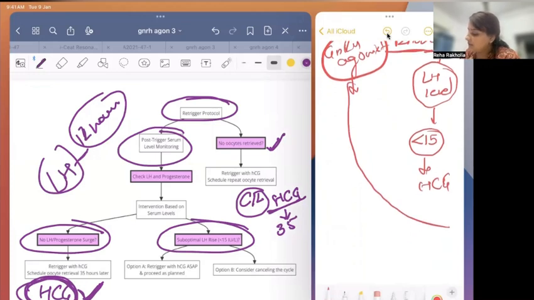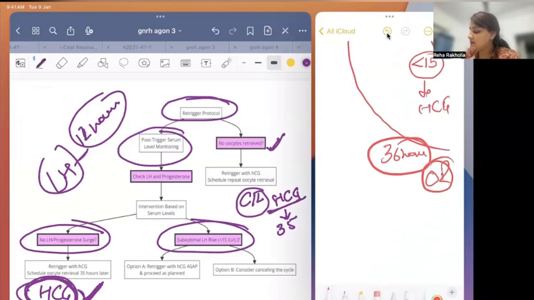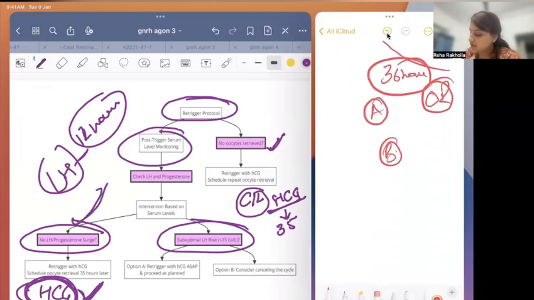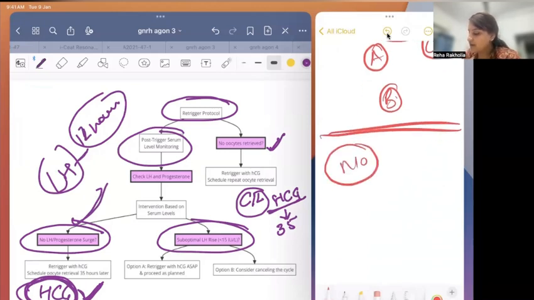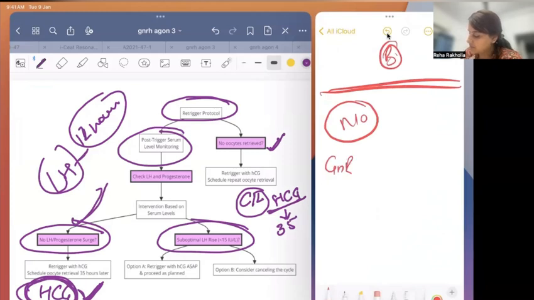That means when we gave GnRH agonist, 36 hours later we'll do oocyte retrieval, or we'll cancel the cycle. In the previous scenario, the second scenario, no LH and progesterone surge, what we were doing: we have given GnRH agonist, then 12 hours later we did LH.